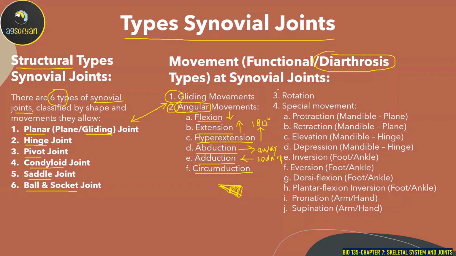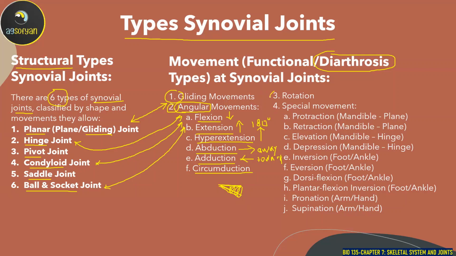The next one, okay, for the angular movement, usually hinge joints will give some angular movement. Condyloid can also give angular movement, and ball and socket will also give the angular movement.